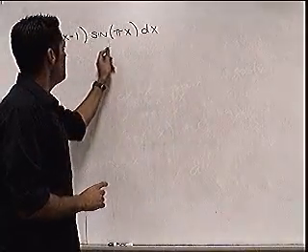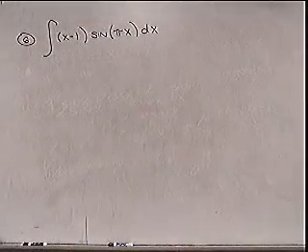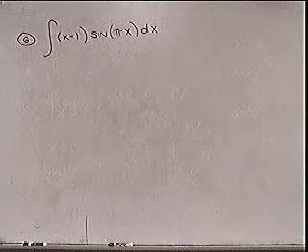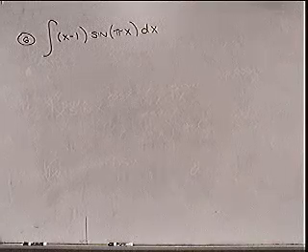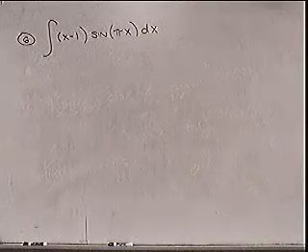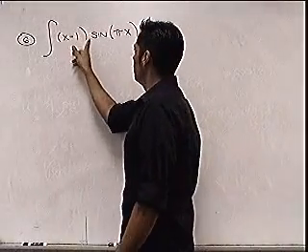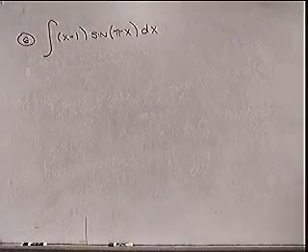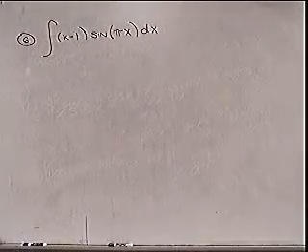If we pick sine pi x for u, then what will be du? The derivative of that, which would be cosine pi x times pi, because of the chain rule. But that would force us to pick x minus 1 as our dv. And so the antiderivative of that would be what we need over here.